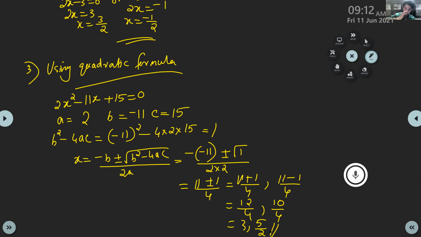In the exam, a question will come saying to use the quadratic formula. In the board exam also, the question will come that way, so you must use the quadratic formula.